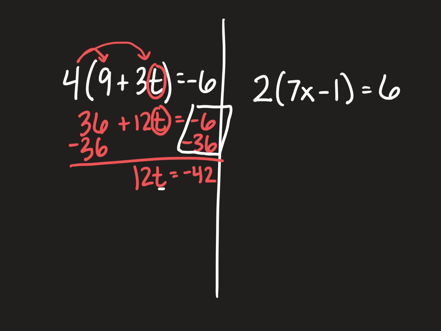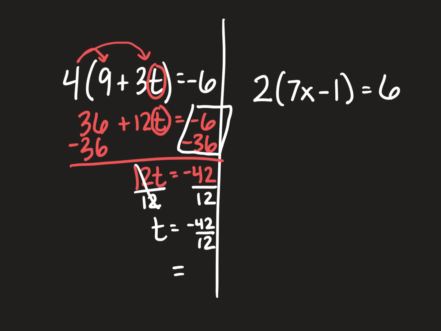And even though it's not a nice, neat number, an integer, that t ends up equaling in this equation, go ahead and show that last step of dividing by 12 so that you can see that t is equal to -42 over 12. And yes, I would expect you to reduce that.